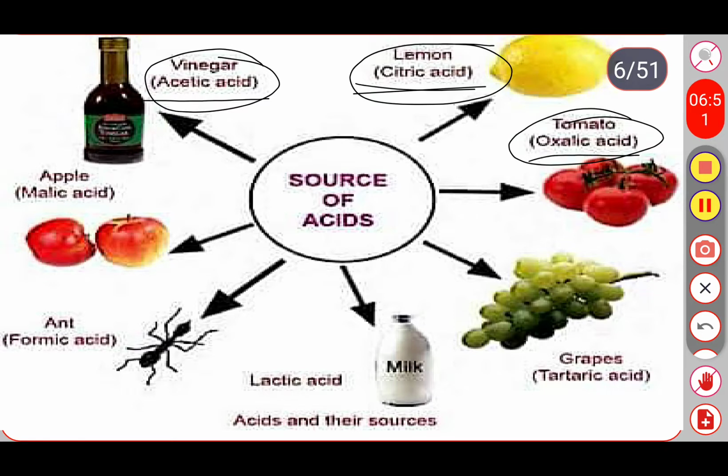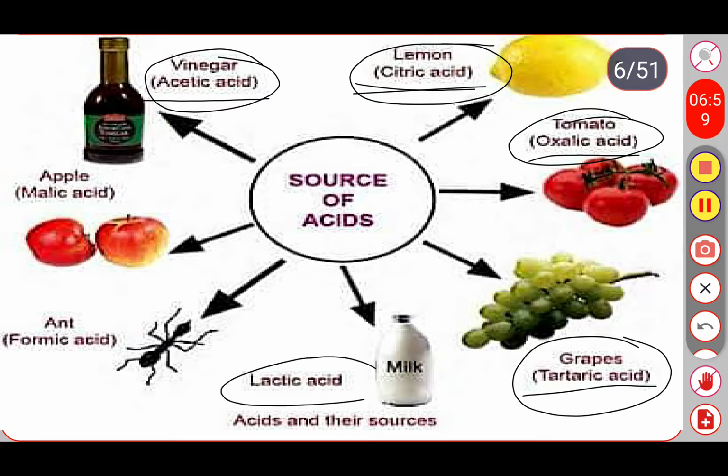Grapes are a source of tartaric acid. Milk and curd have lactic acid. Ants have formic acid. Apple has malic acid. These are some examples of acids.